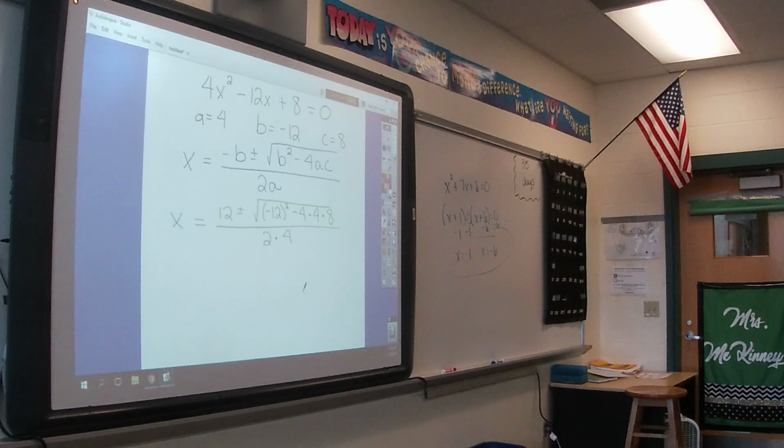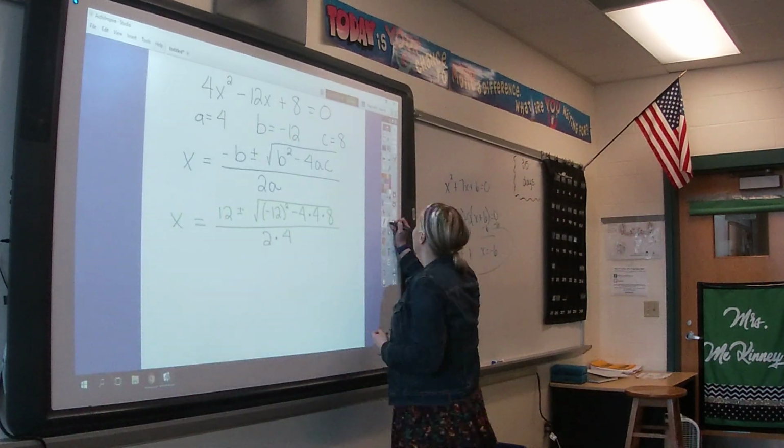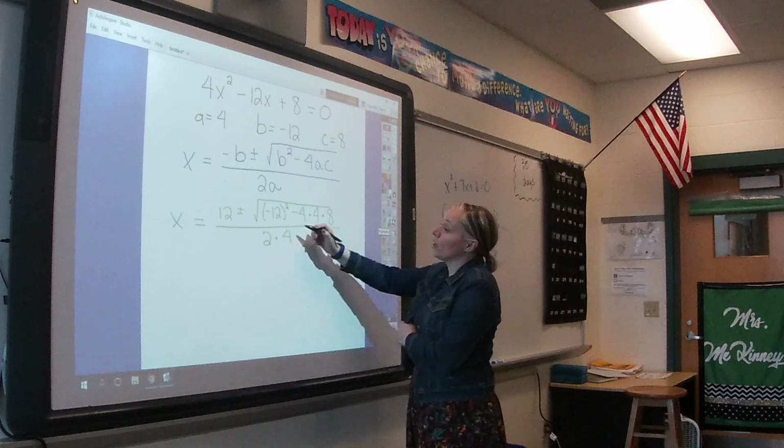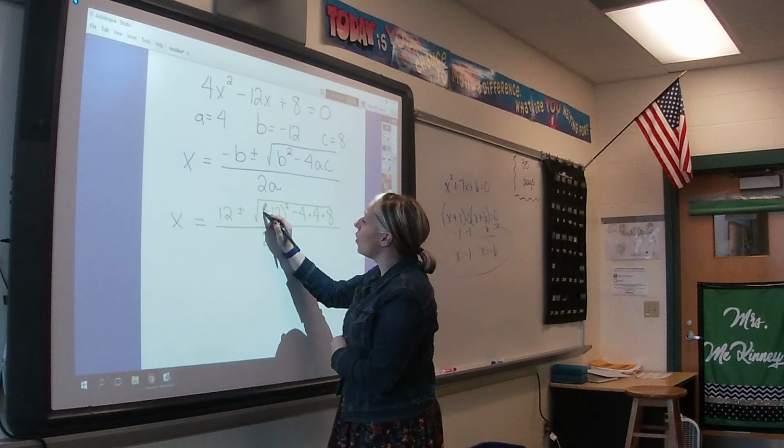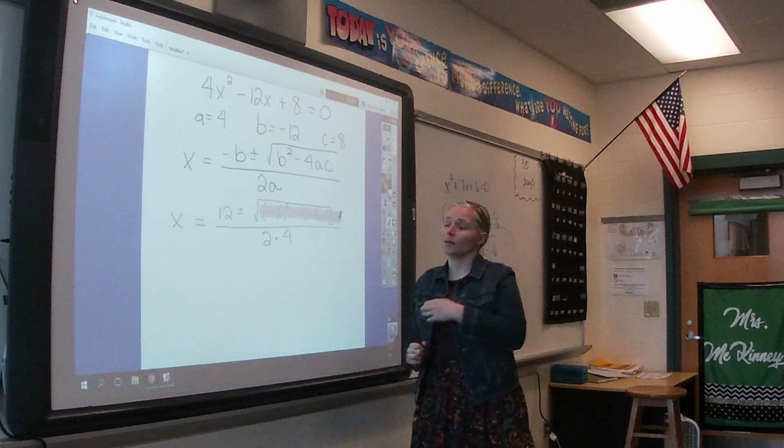Okay, what does our next step tell us to do? Simplify under the square root. So pick up your calculator and you're going to type in exactly what you see underneath the square root. Don't type in the radical, only type in this stuff.